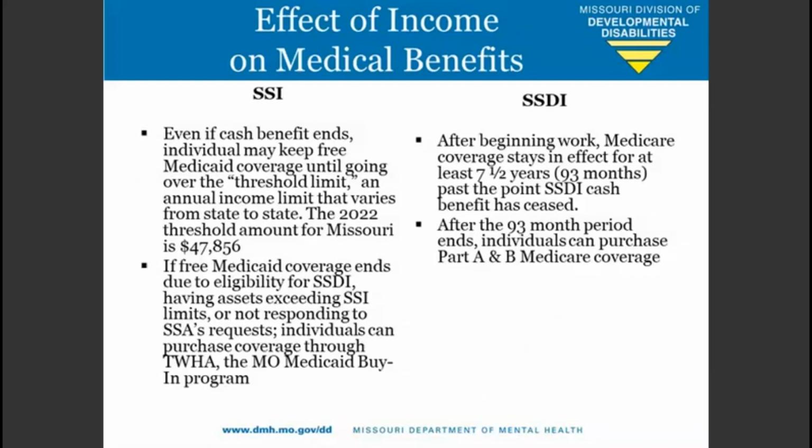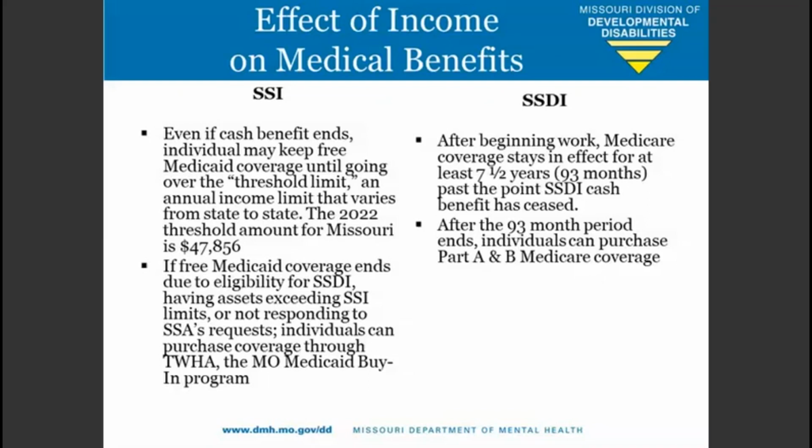All right, so now moving on and talking about the effect of income on medical benefits. So with SSI, the main thing to note here is if your cash benefit ends due to work income, so the person is making so much in earned income that their SSI has gone down to zero, that person may be able to keep their Medicaid coverage under what we call the 1619B status, provided that their total work income is not exceeding $47,856.